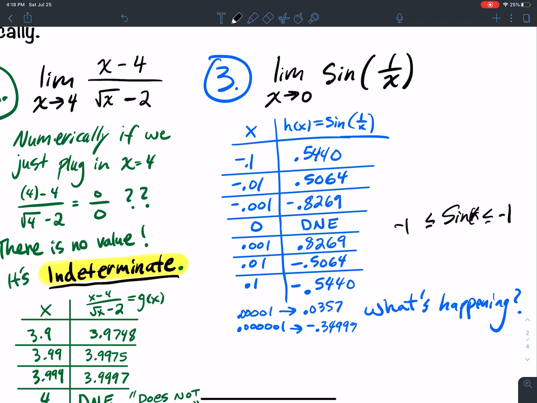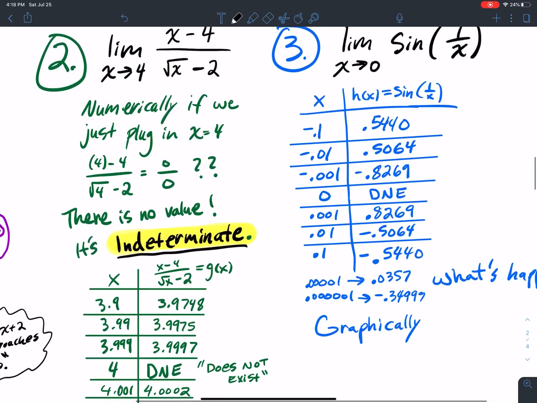So the sine of whatever, doesn't matter what it is inside, is always going to spit out a number between negative 1 and positive 1, okay? So these numbers are crazy, like they're not even honing in on something like what we had going on earlier, okay?